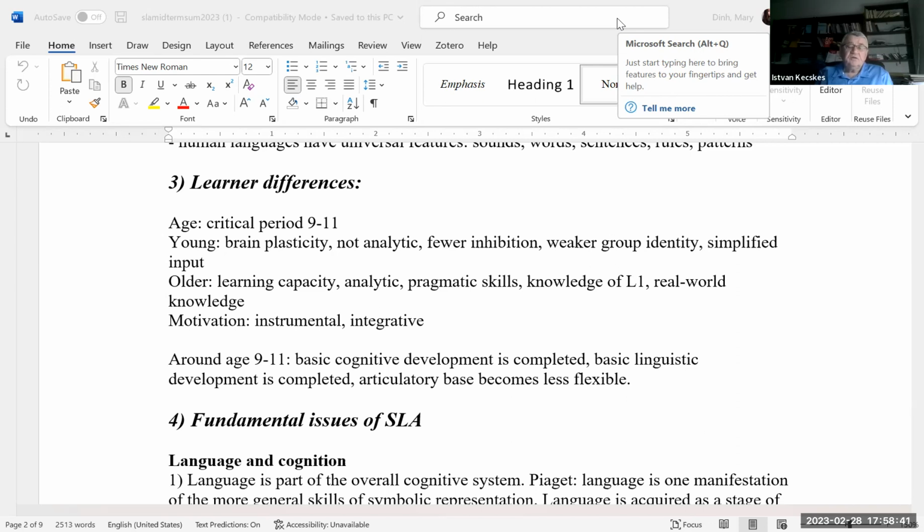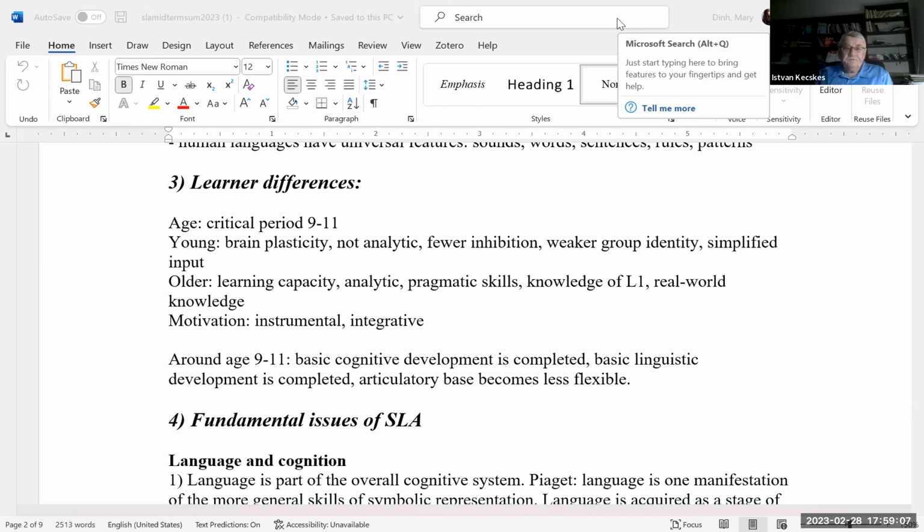So definitely when you are older, then the mind becomes more analytic, which means that it is more difficult for you to accept that other people say things in a different way than when you are younger. So definitely age differences are very, very important.